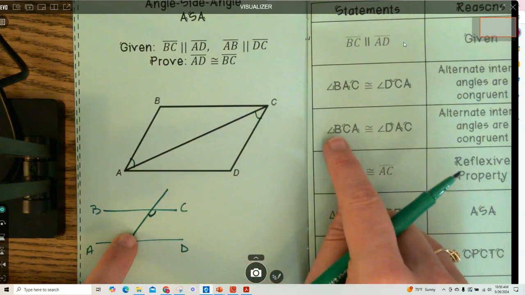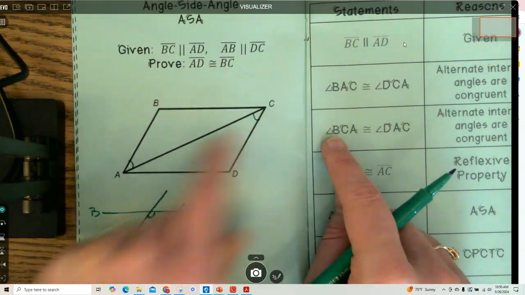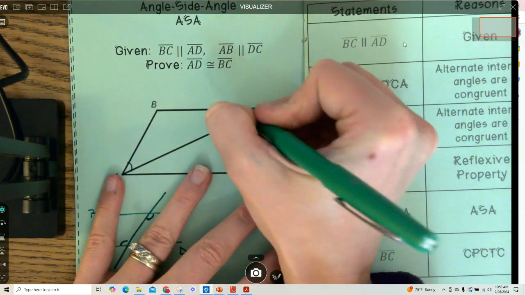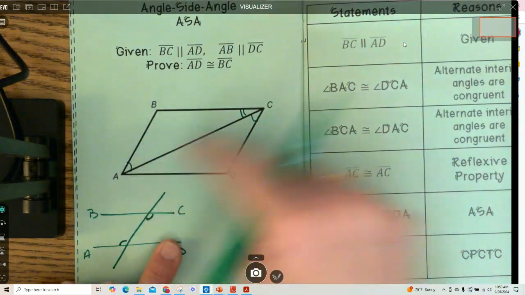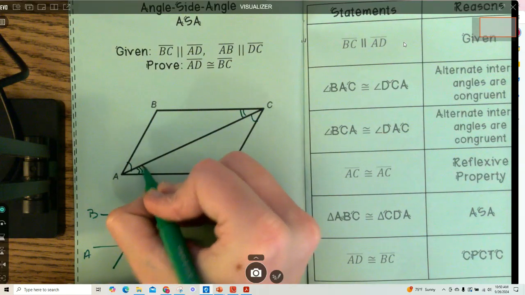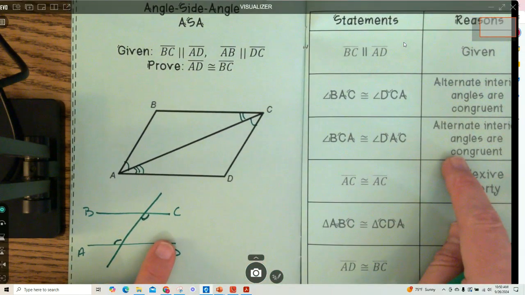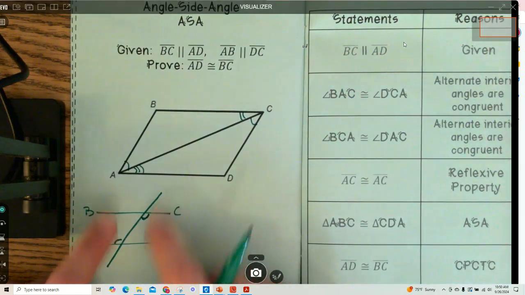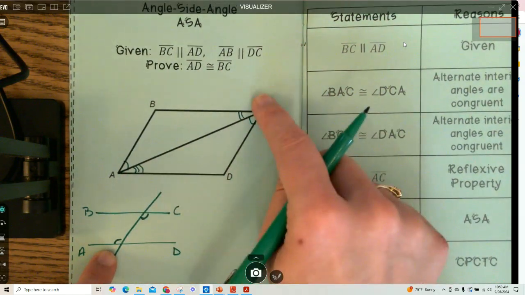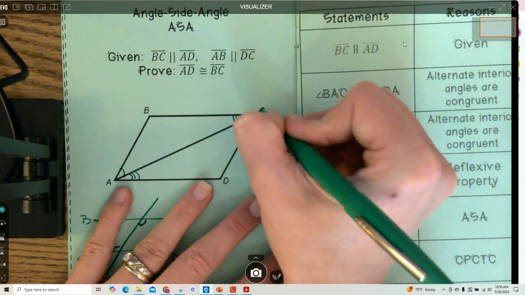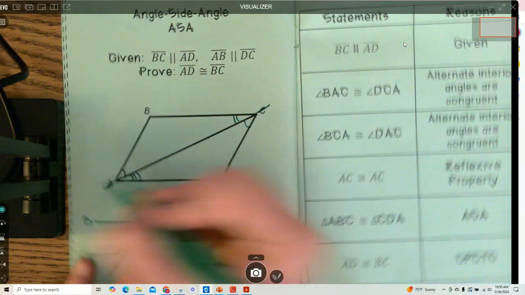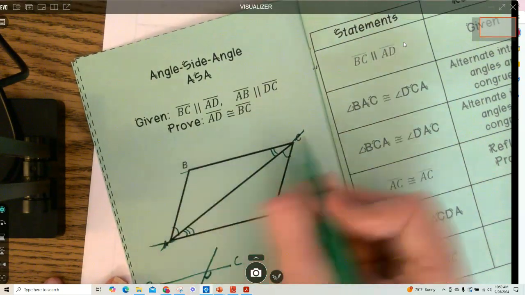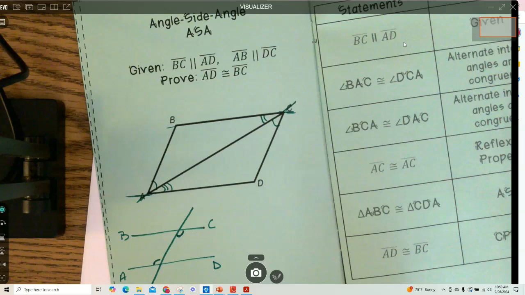Okay? So then BCA, so that's this one, and DAC, that's this one. Those are alternate interior angles as well. So again, if we look at it as two parallel lines with a transversal, like this line is continuing onward, and these sides continue onward, we can see those relationships a little bit better.